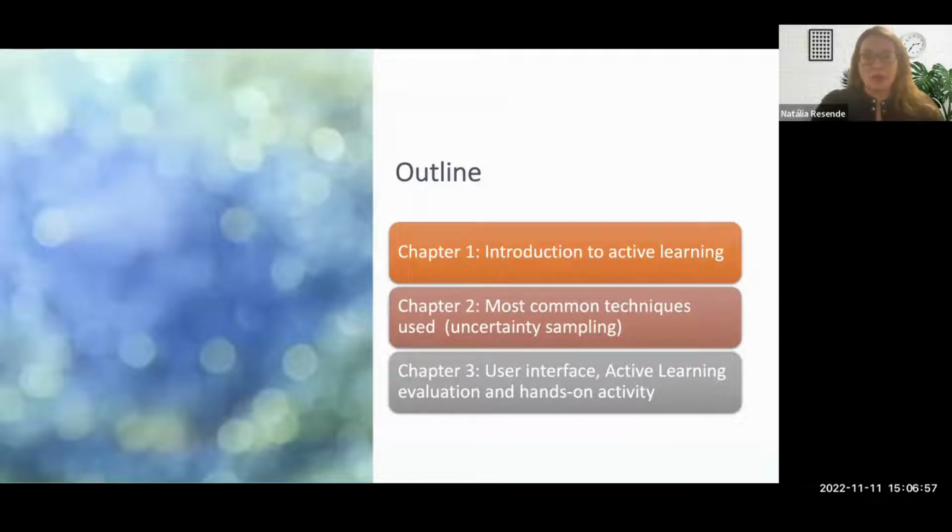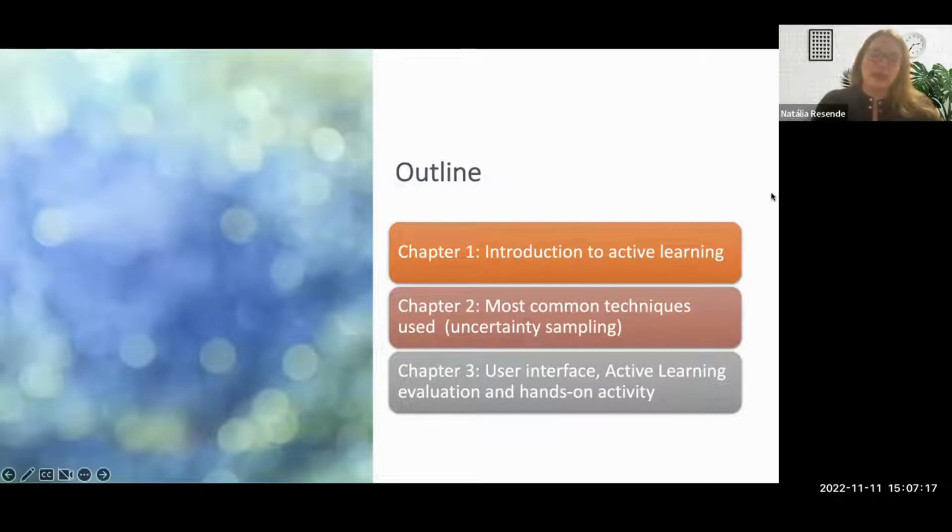As I said in the last session, I'm going to focus on uncertainty sampling, because those are the most traditional techniques, and they are the techniques used most frequently in most cases.